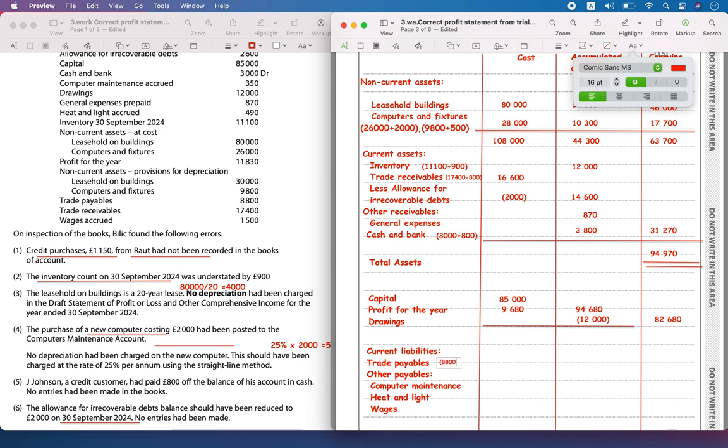So 8,800 plus 1,150, that value is going to be equal to 9,950. So it is 9,950.